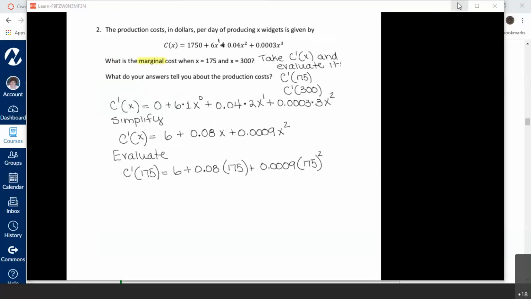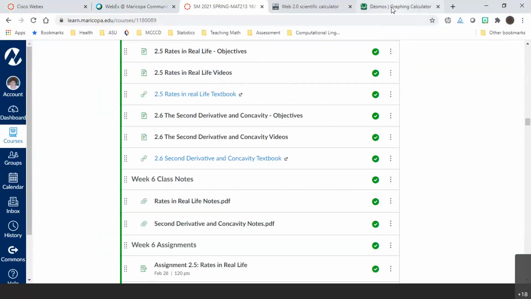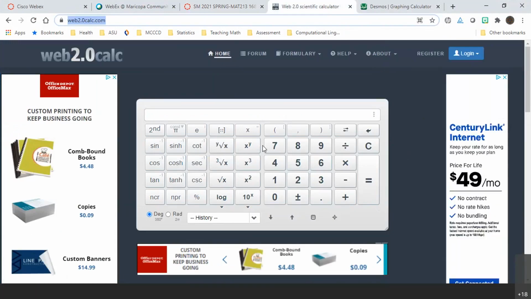It's possible to do this on the Web 2.0 calculator, which I have up over here, which of course now I'm having trouble accessing. Give me a sec. And if I can't make my bar go away, I will just use my TI. So here is my Web 2.0 calculator, and I would just type that in.